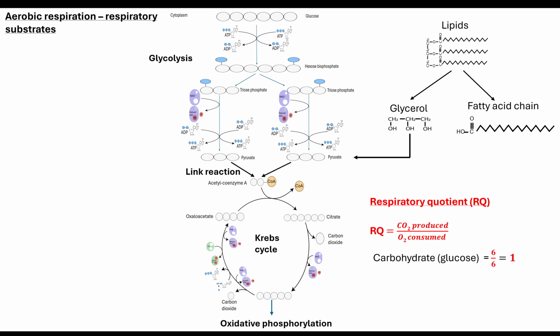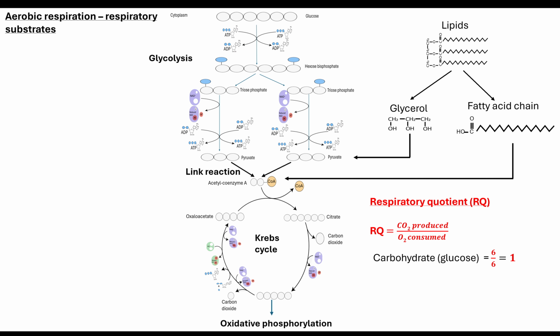If it's converted into pyruvate, that can then be utilized in the link reaction and the Krebs cycle. With the fatty acid chains, they would be broken down into many acetyl groups. So they can be broken down into lots of 2-carbon groups, and that can enter at the end of the link reaction to go to the Krebs cycle.